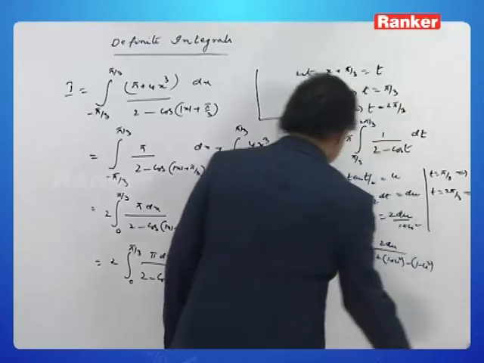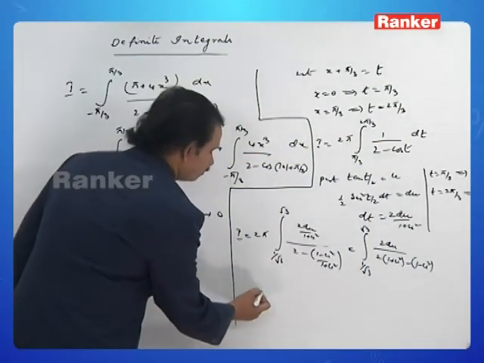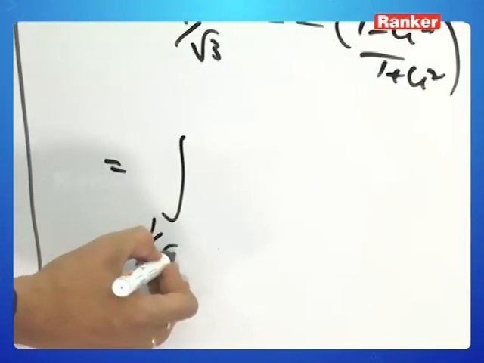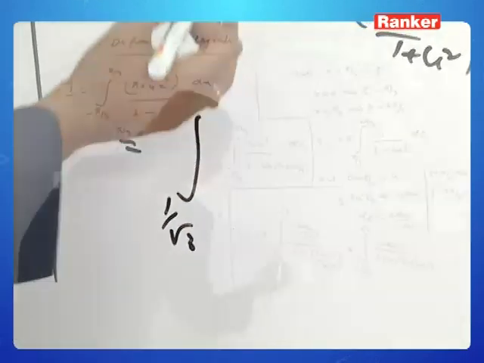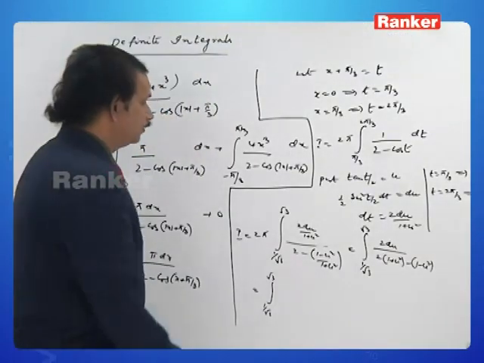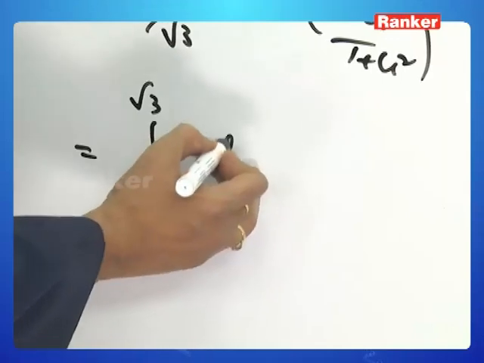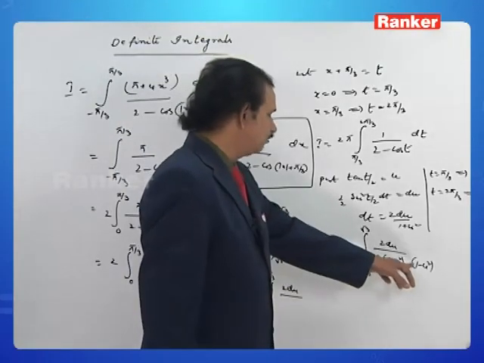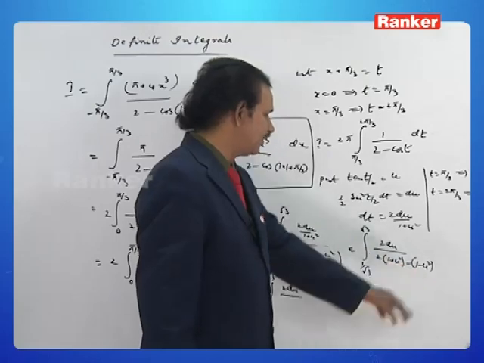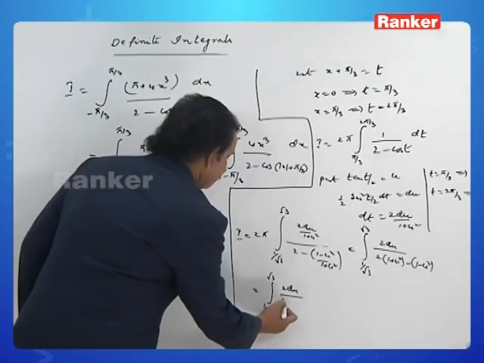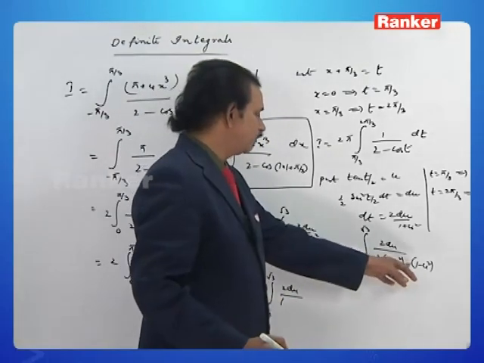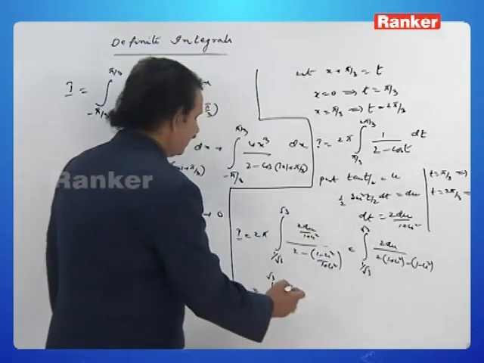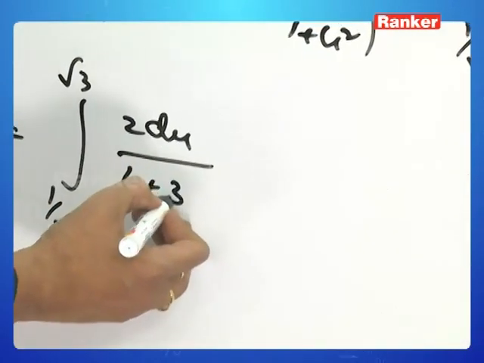Well, this is therefore the integral from 1 by root 3 to root 3. Numerator is 2 du, denominator is 2 ones are 2. Minus of minus 1 is 2 minus 1 is 1. 2 into u square, 2u square plus u square. It is 3u square, isn't it?